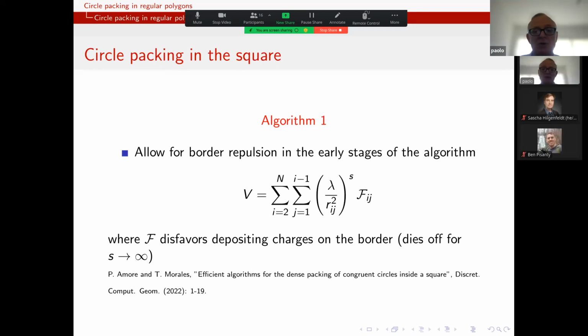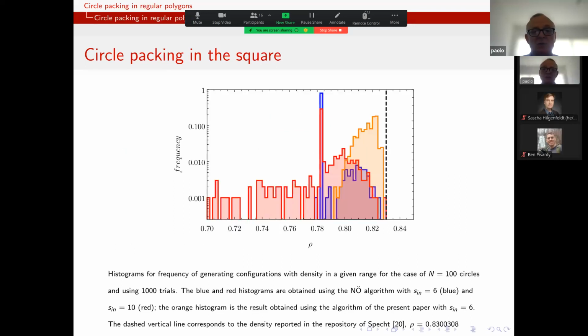So we did a lot of experiments. For example, here you see some histograms of frequency. The orange one corresponds to the modified algorithm. These are several trials that one does, and you see the corresponding frequency with which a certain density is obtained. The blue histogram corresponds to the original algorithm.